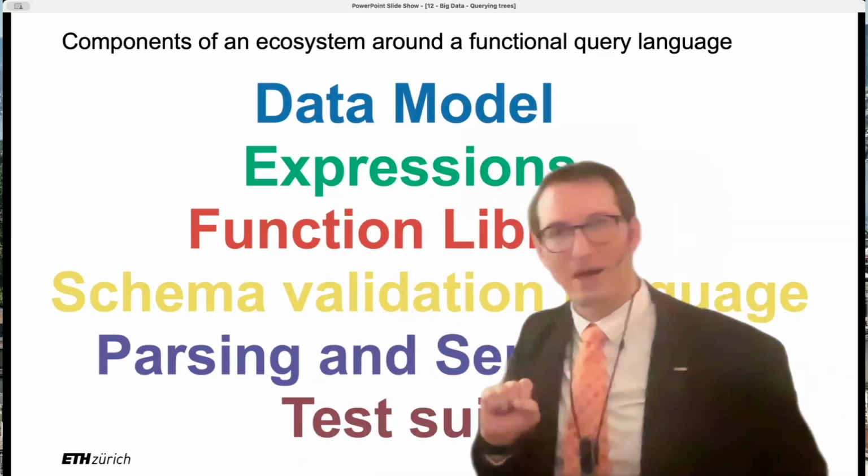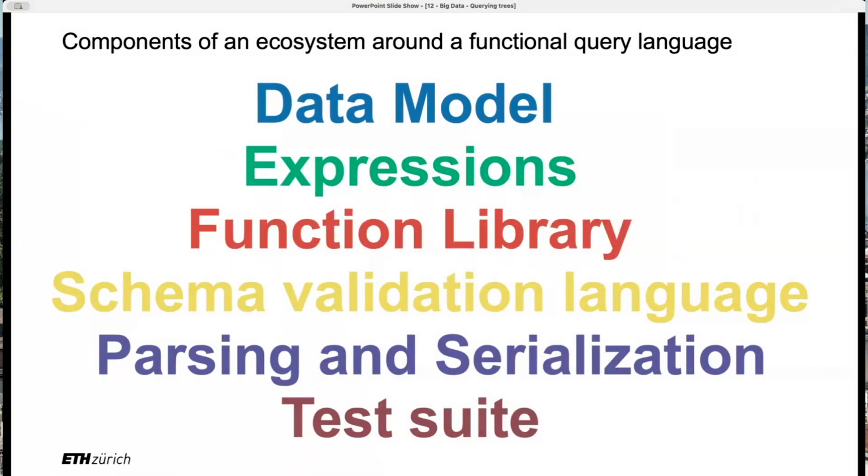Then we have, in any language, a function library. I will also say a few words about that. You cannot make everything an expression, because if you end up with 1,000 expressions, then you can forget it. The people are not going to learn the language. So typically, I would say the order of magnitude for the number of expressions in a language is maybe 30, 40, 50. That's a good number. Everything that goes beyond, in terms of features, you should expose as a function, right?